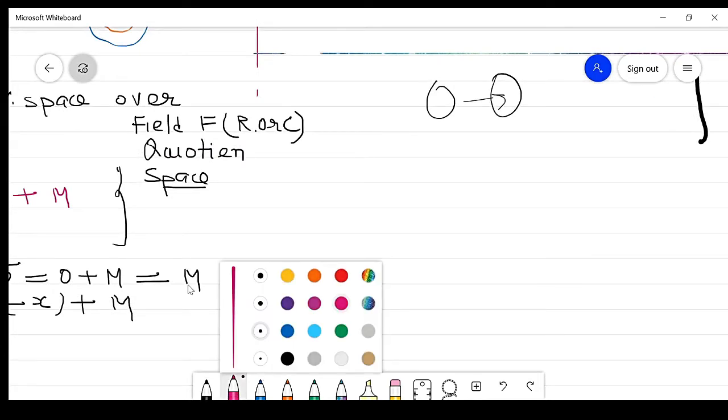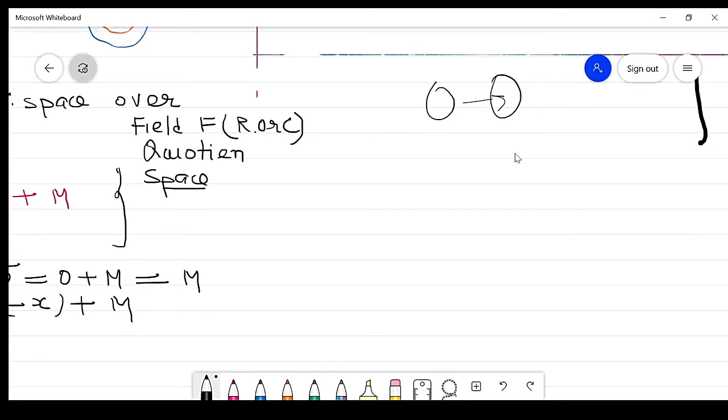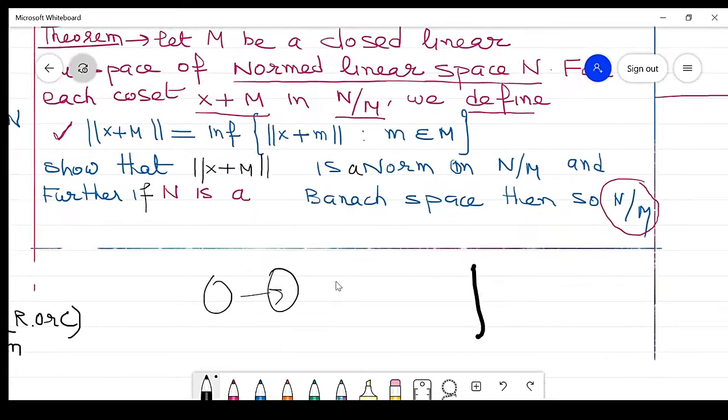Now related to these quotient spaces, we have a very important result.